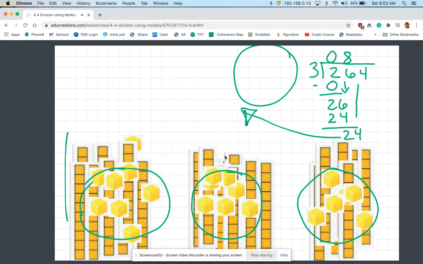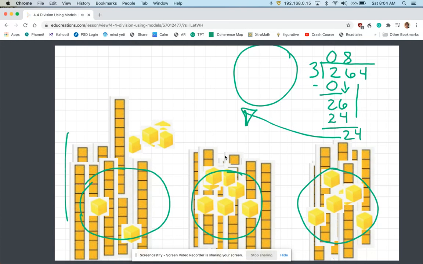Okay, I think some of these got hidden back there, but 1, 2, 3, 4, 5, 6, 7, 8. We could take 8, make our piles of 8. 3 times 8 is 24 with a remainder of 0. There you go, my friends. That is division. It's literally dividing it up into equal groups.